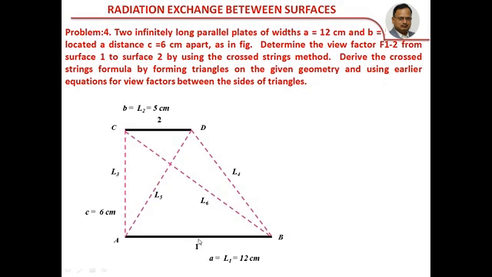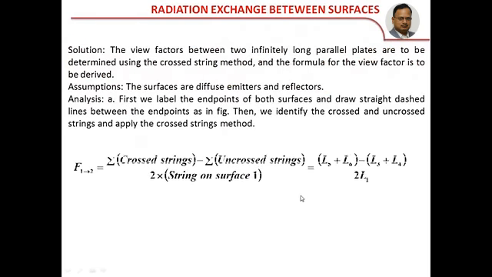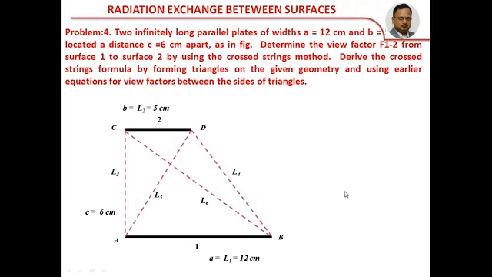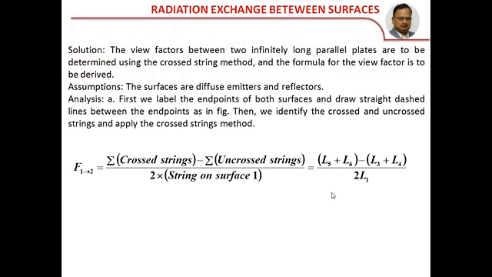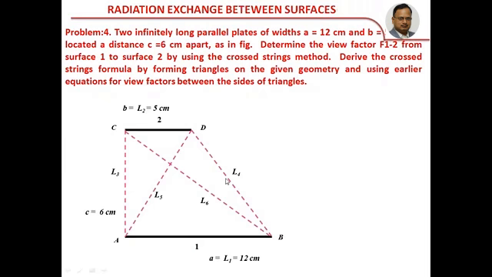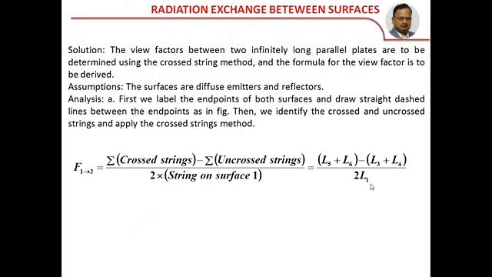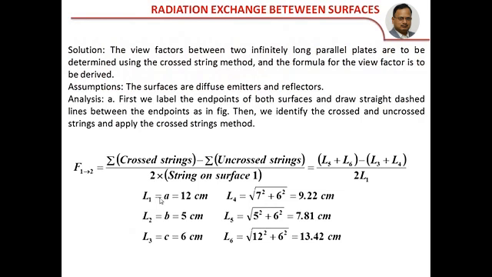And because I want from 1 to 2, I have to take A1. So sigma of crossed strings L5 plus L6 minus sigma of uncrossed, that is L3 plus L4, divided by 2L1. We know L1, L2, L3, L4, L5, L6.